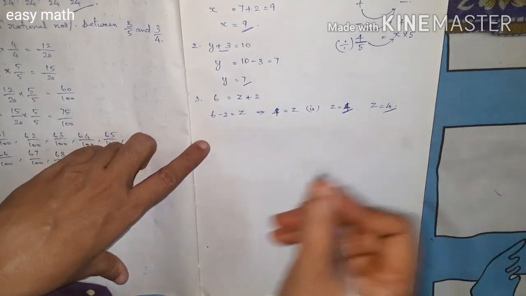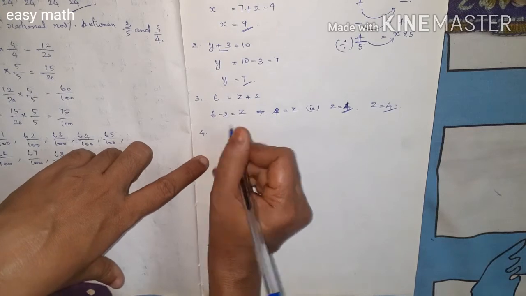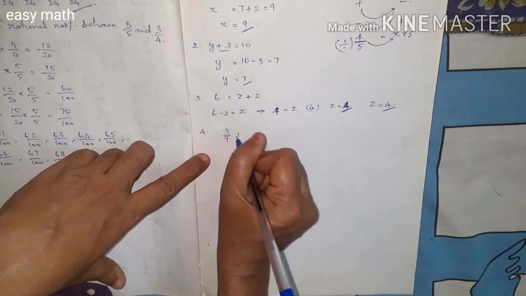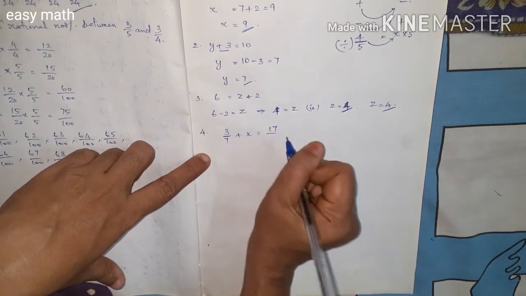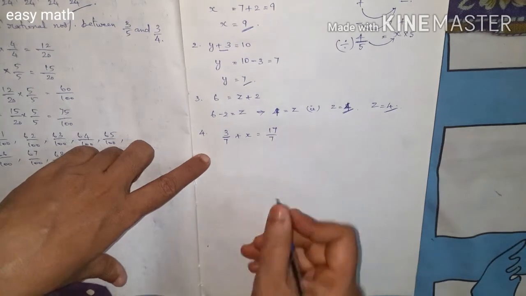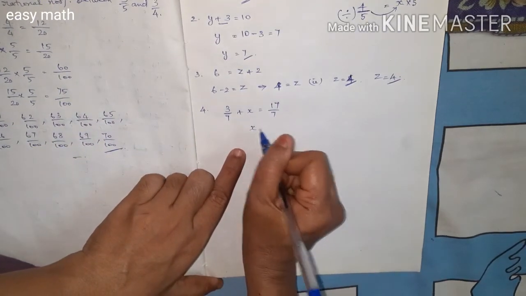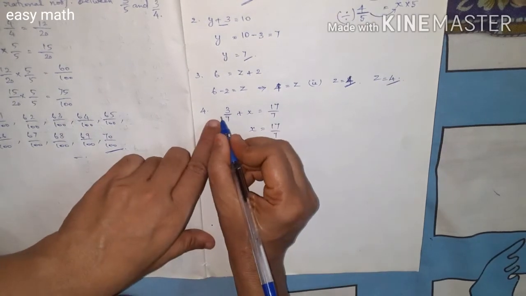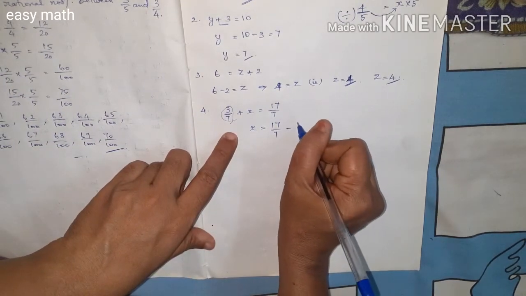Next, fourth sum. 3 by 7 plus x equal to 17 by 7. Here x equal to 17 by 7 minus 3 by 7.